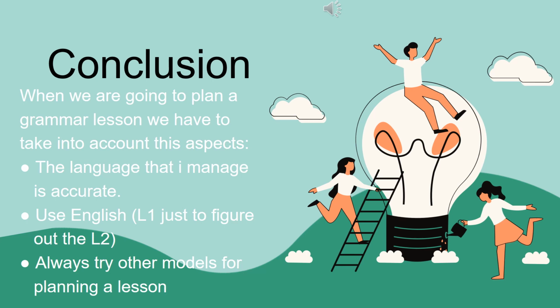But my recommendation to you is to analyze your students and find the better model for them to understand the topic better and be more assertive when we are teaching them a new topic.